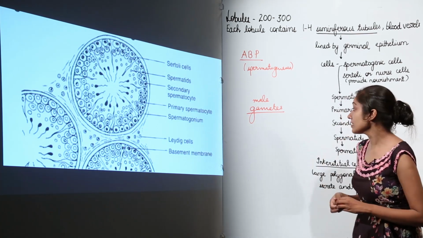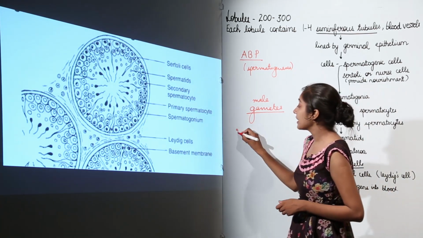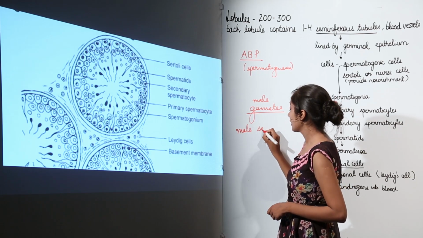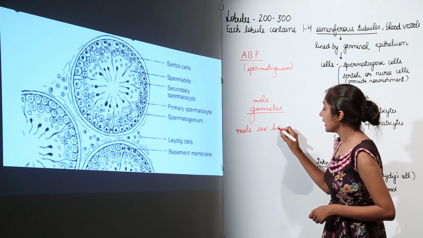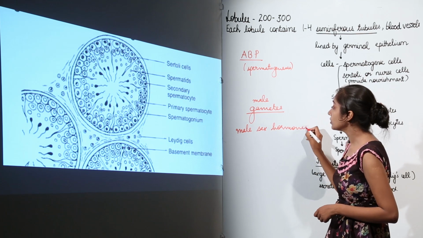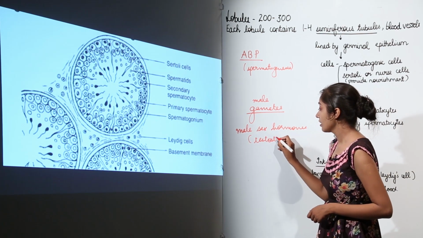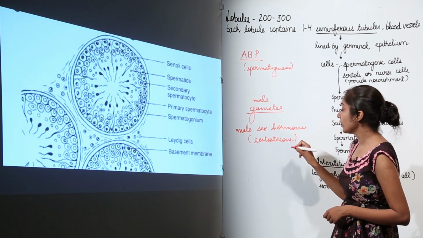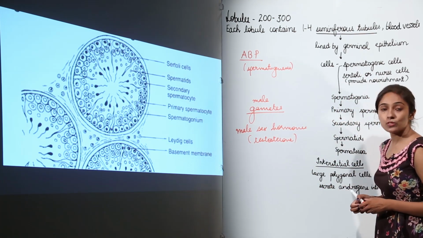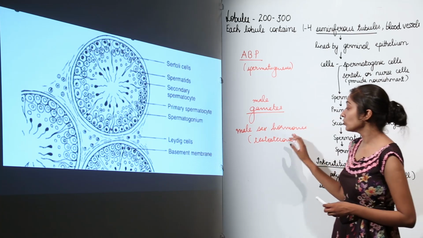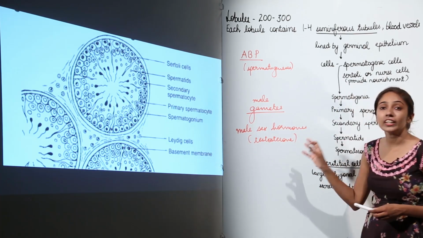What are androgens? Androgens are the male sex hormones. Example, testosterone. So Leydig cells are going to secrete the androgens, which means the male sex hormone, that is testosterone, into the blood.